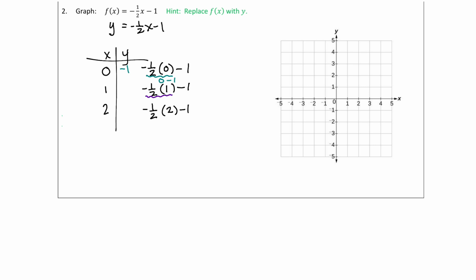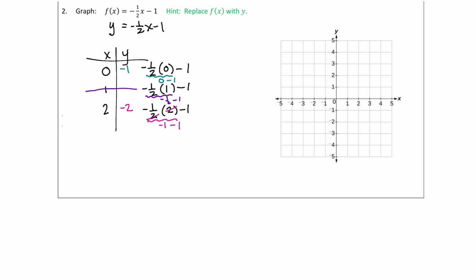Negative 1/2 times 1 is negative 1/2 minus 1, which is a mess. So I'm not even going to do this one if I don't have to. And here's why you don't have to. If I multiply by a number that cancels with the 2, I don't have to worry about a fraction. Now I get negative 1 minus 1, which is negative 2.